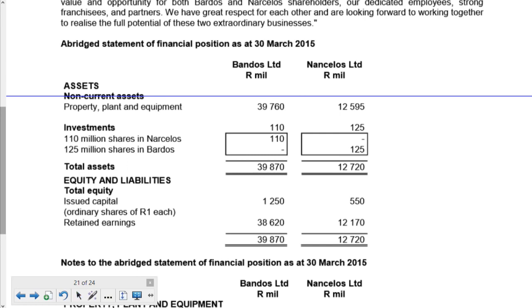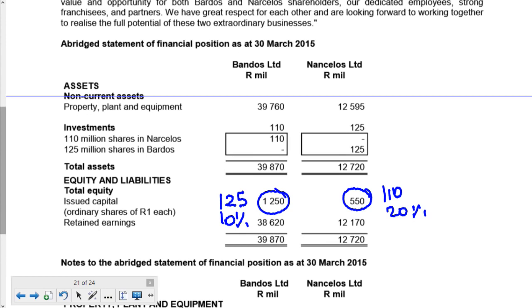So if we look at the percentages, they own 110 of these. What percentage is that? 20%. And Nancelos owns 125 million shares in this one. That's 10%.